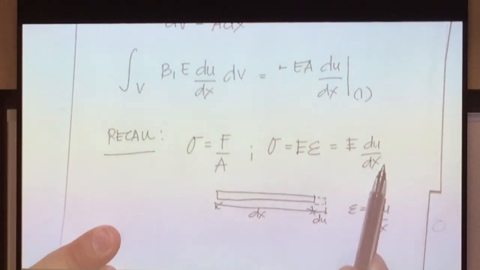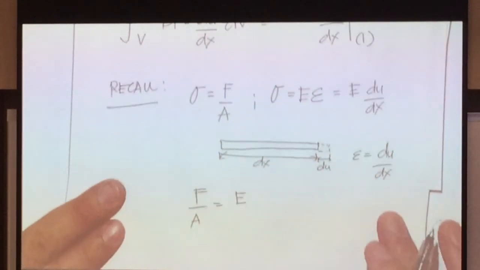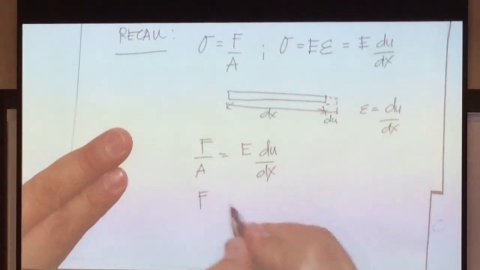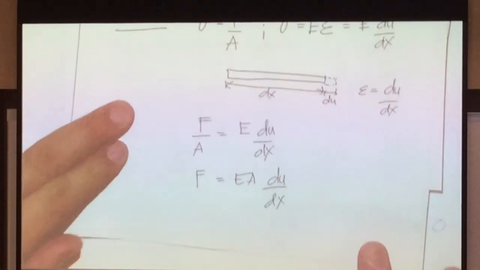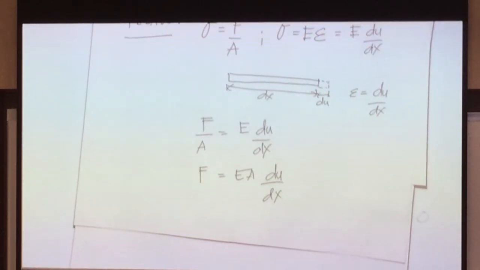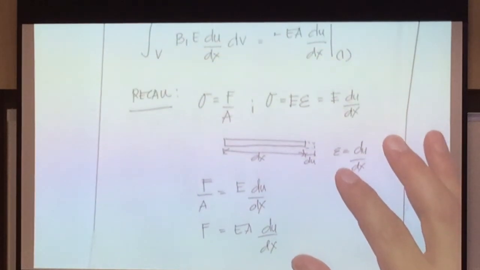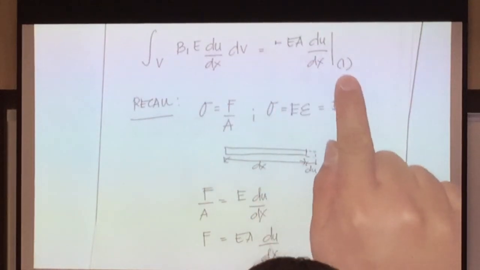So this one now is E du/dx. So if E du/dx creates the stress, F over A equal to E du/dx. F is now equal to EA du/dx. We'll just use the positive value, so if it's at 1 then it's F1.